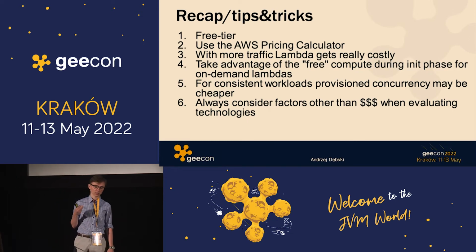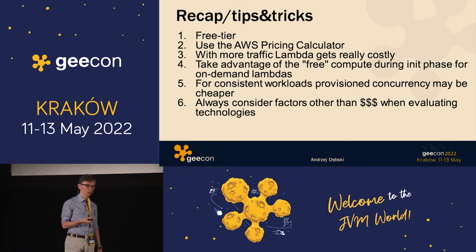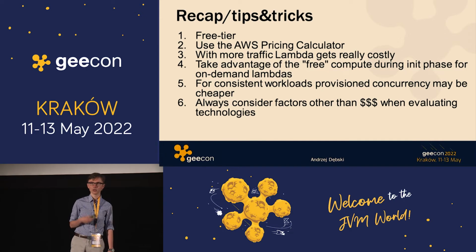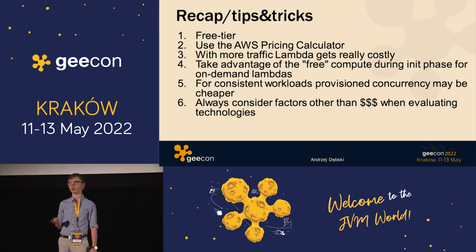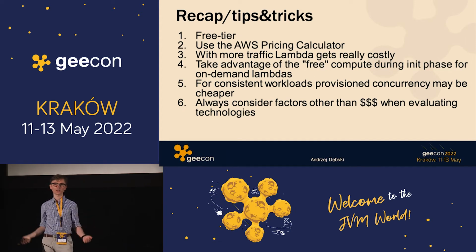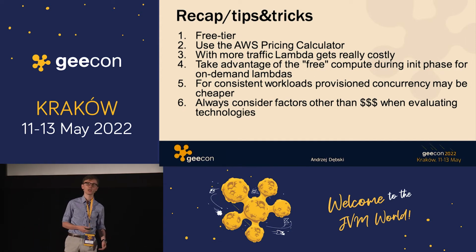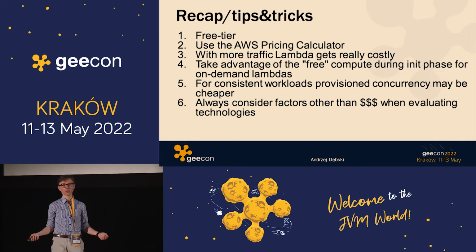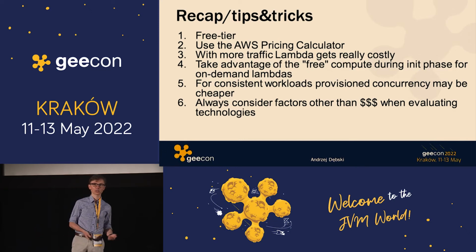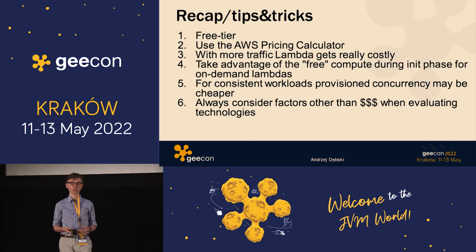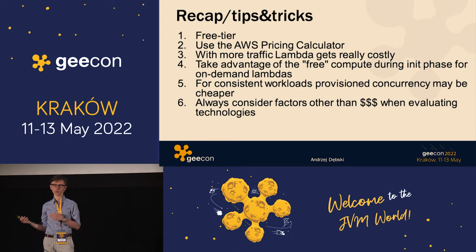And the last point, again, a general point, is that the cost of our infrastructure in dollars, that's not everything. You should also consider other factors like how familiar your development team is with a technology. Maybe you already have everything on Lambda. You have already very good internal support. So it makes sense to pay more for Lambda and then get the cost back in terms of productivity.